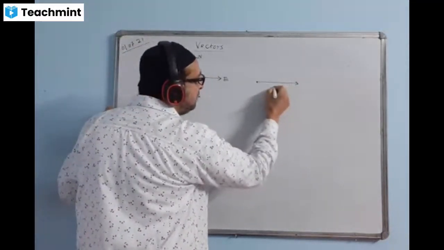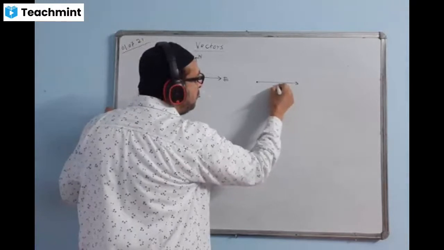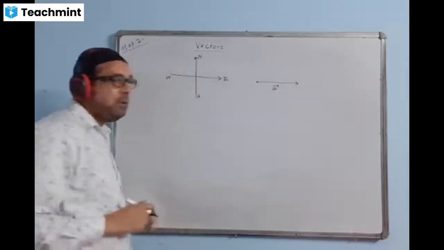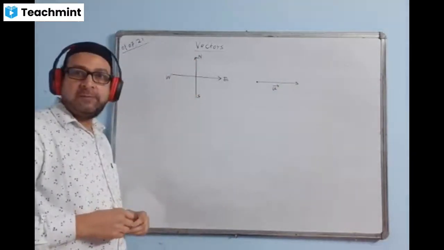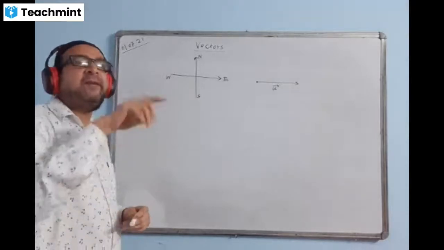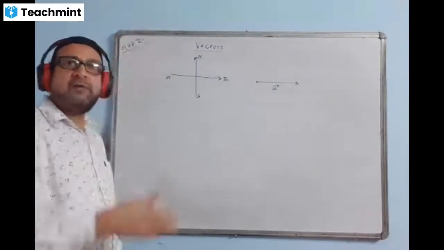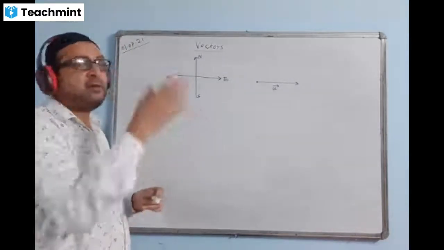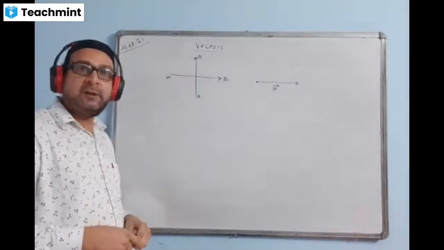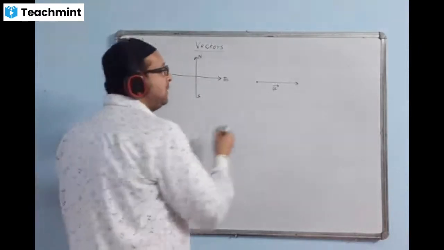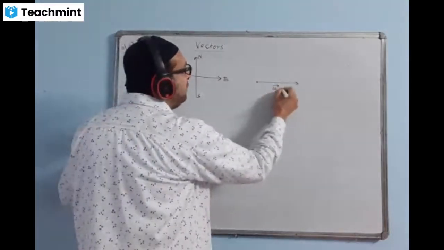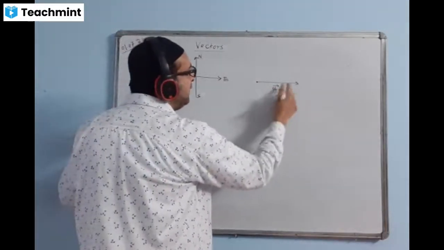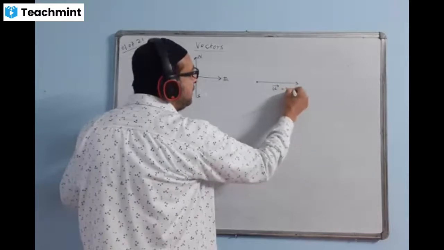Velocity of the car, that is initial velocity, you can denote by U. U will be like this. Either you can call it U or V1, and the next velocity, final velocity, will be V2. Or I take this as U and the final velocity as V. The value of U is 30 km per hour.